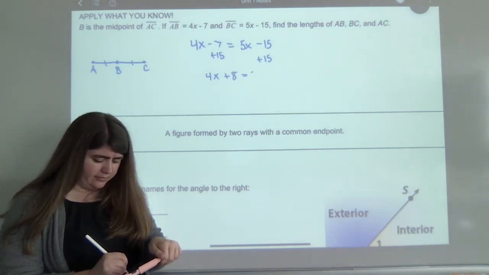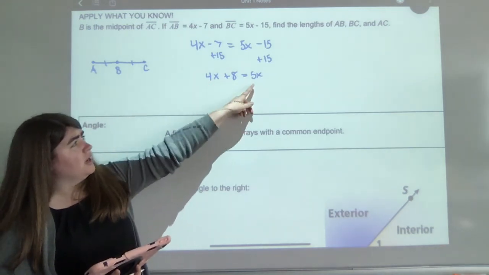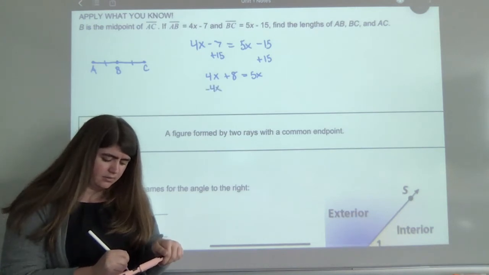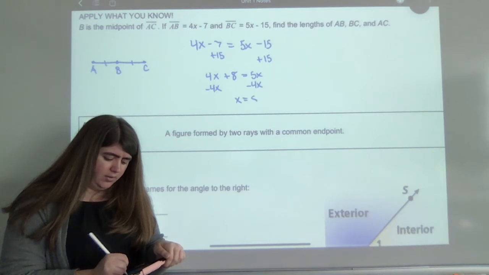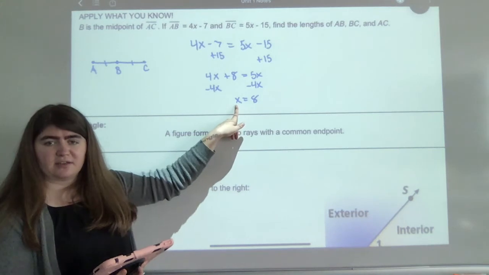And that is equal to 5x. Now I want to get this 4x with all the other x's, so I'm going to subtract 4x from both sides, which means that x is equal to 8, because 5 minus 4 is 1, we just write x.